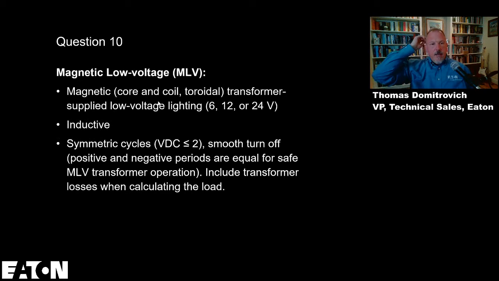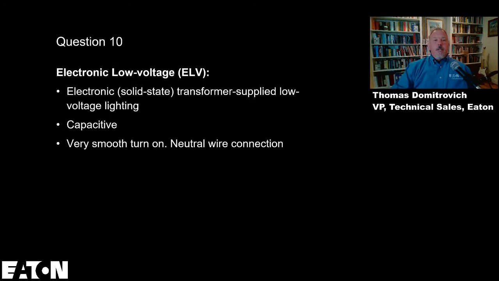The magnetic MLV, magnetic core transformer supplied low voltage lighting, is an inductive type of load, symmetrical cycle, smooth turn off, and includes transformer losses when calculating the load. And electronic ELV, electronic solid state transformer supplied low voltage lighting, are capacitive types of loads, but you can get a very smooth turn on with neutral wire connection.